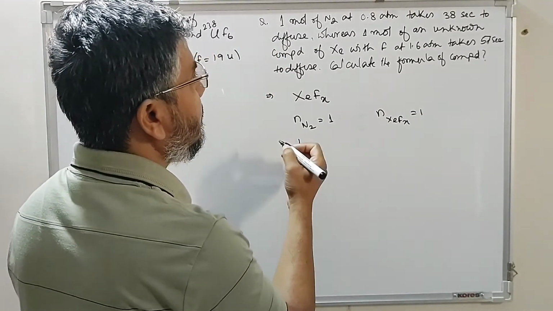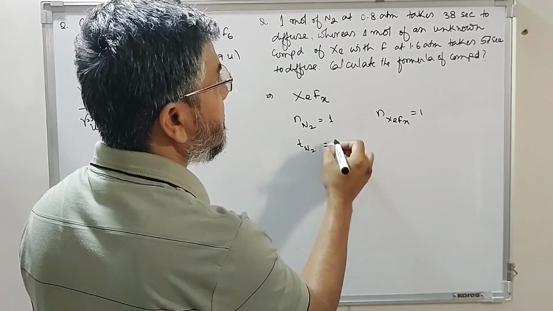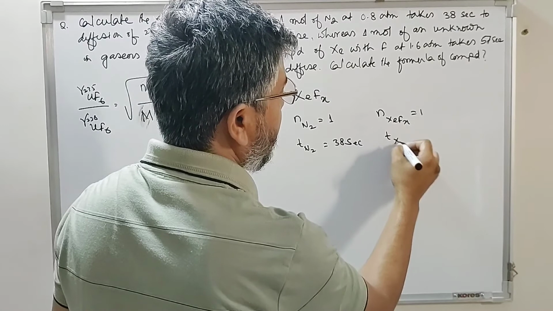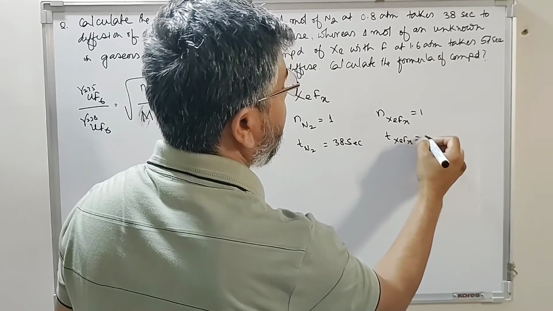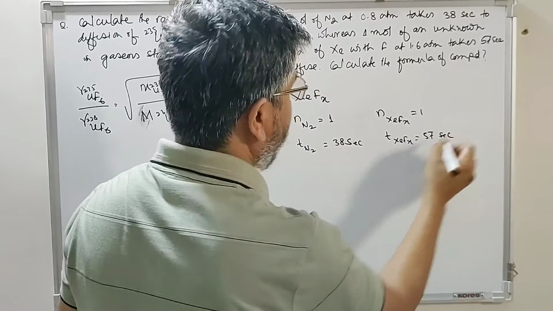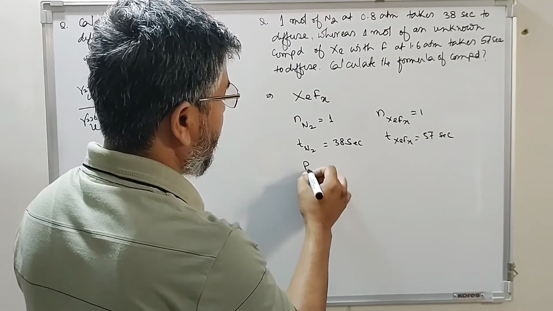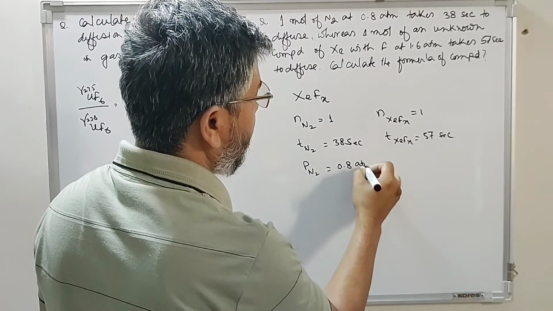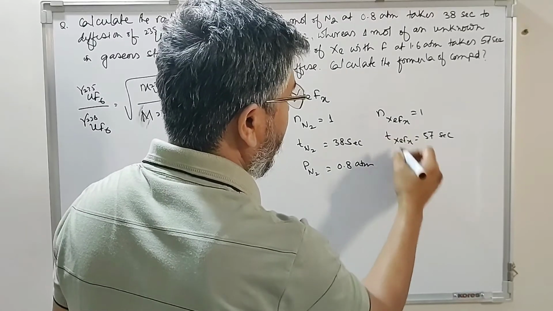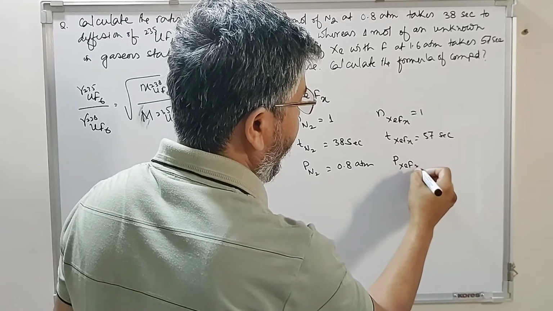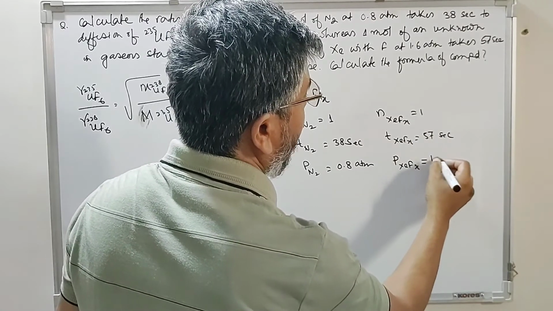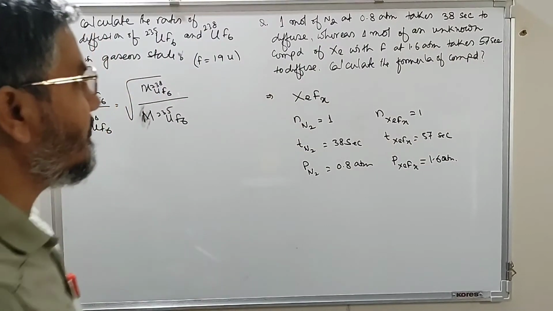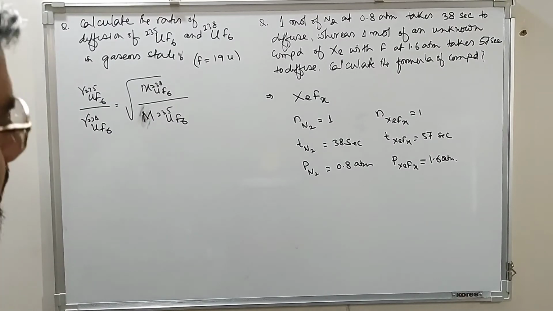The time required for diffusion of nitrogen is 38 seconds, and the time for XeFx is 57 seconds. The pressure of nitrogen is maintained at 0.8 atm, and the pressure of this unknown gas XeFx is maintained at 1.6 atm. So we have to find the formula of the compound.